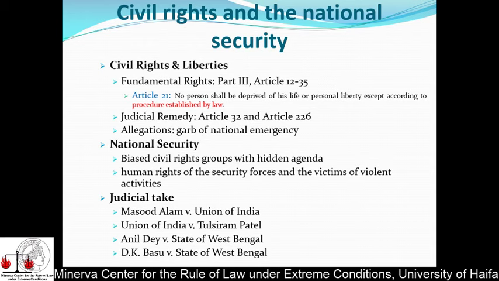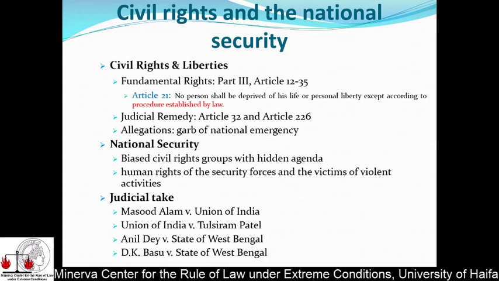But the problem arises when civil rights groups allege that the government or the security forces are violating civil rights and liberties. But they rarely take advantage of Article 21, which clearly says that life and personal liberty can be deprived, but it will be by following the procedure established by law.